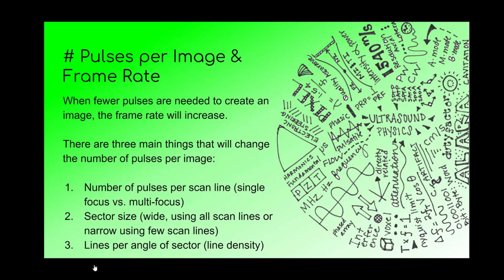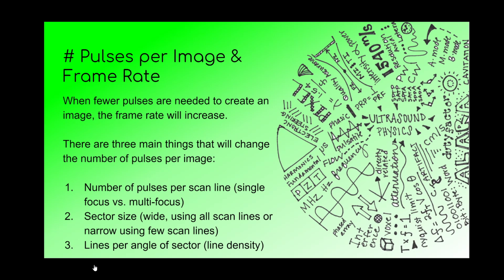Now I had mentioned earlier that pulses per image and frame rate are related to one another as well, and that this is something you can control as the sonographer. There are 3 things that are typically going to change the number of pulses needed per image. The first one is that each pulse line can only have one focus. So if you have multi-focus on, that's going to increase the pulses per line, which increases the pulses per image.